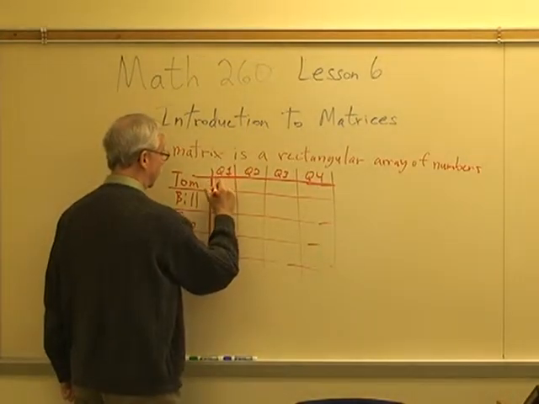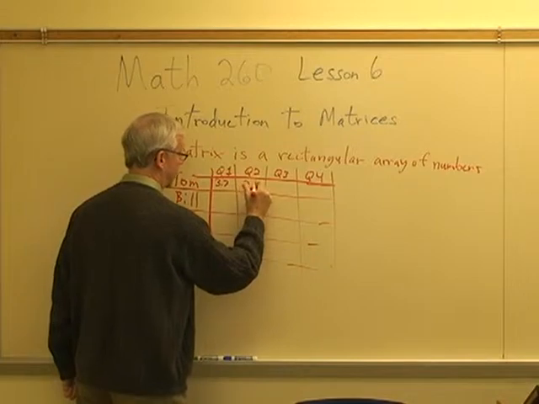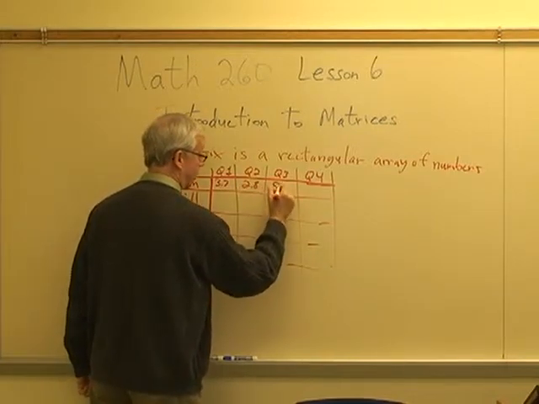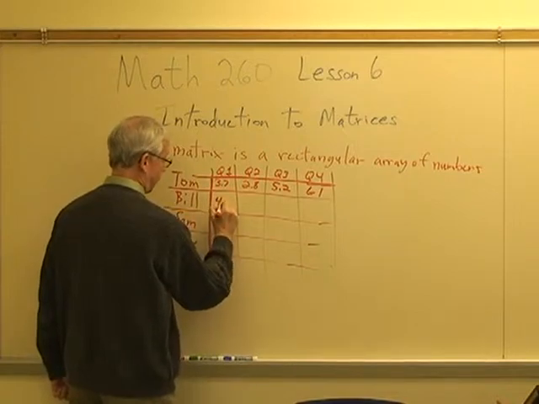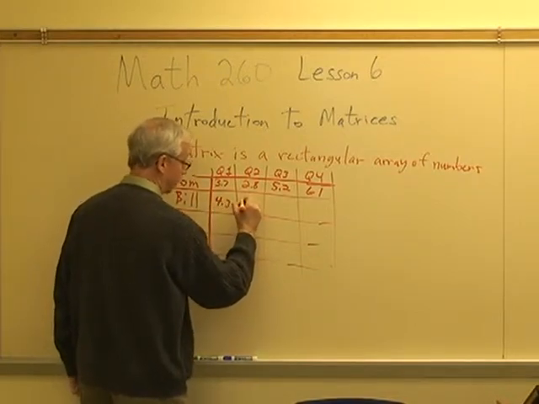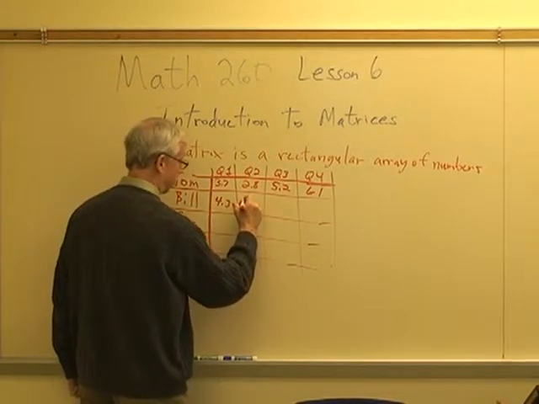Let's say 3.7, 2.8, 5.2, 6.1, 4.3, etc. We could fill this with the actual grades of these individuals.